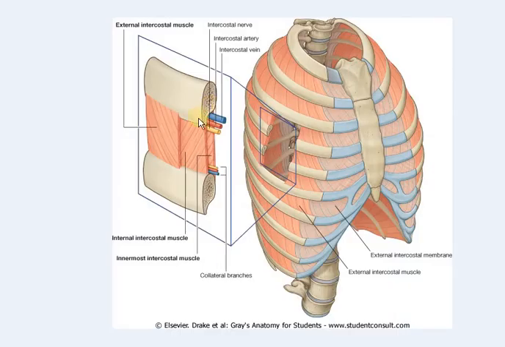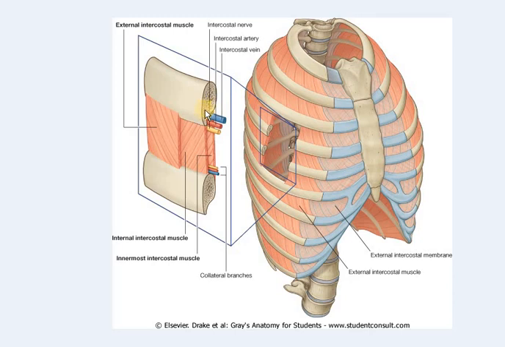Students, in this picture you can see the neurovascular bundle, which is formed by the posterior intercostal vein, posterior intercostal artery, and the intercostal nerve. This neurovascular bundle lies in the upper part of the intercostal space, and it is covered or protected by the costal groove.